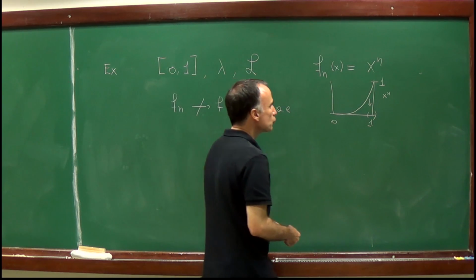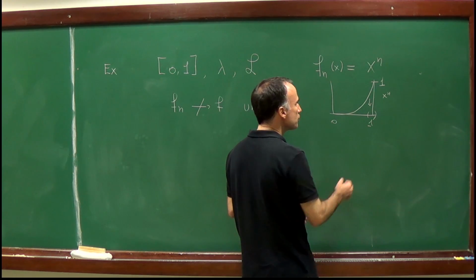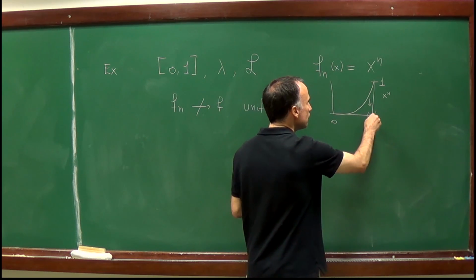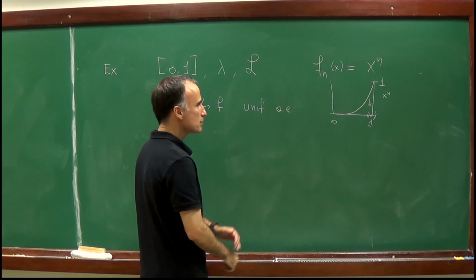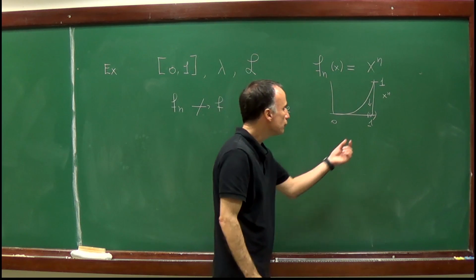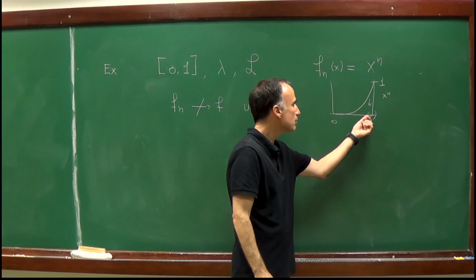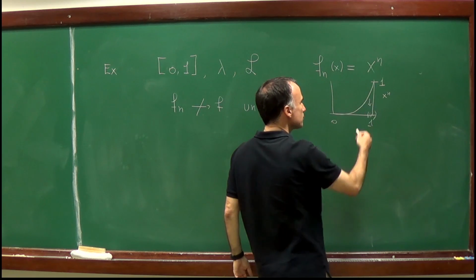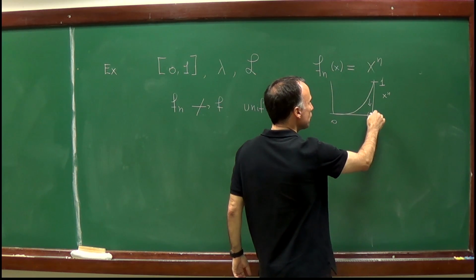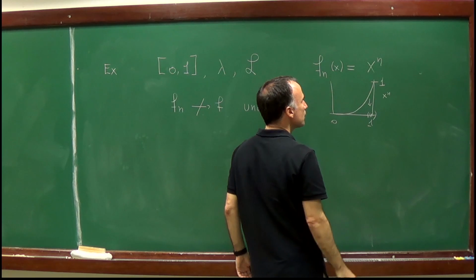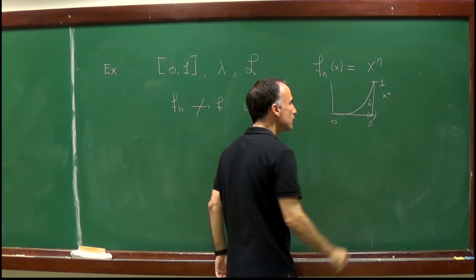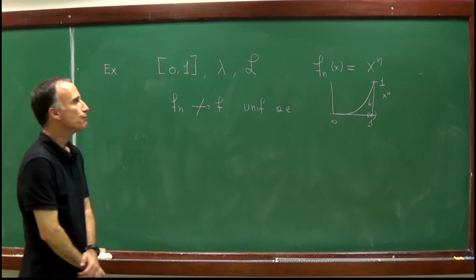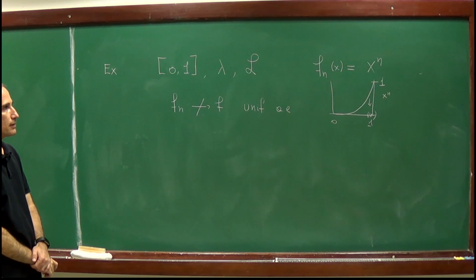To have uniform convergence, you need to remove an interval which has positive measure. You're not able to remove a set of measure 0 and get uniform convergence, because if you remove a set of measure 0, you'll always have points converging to 1, and therefore you won't have uniform convergence on that set.